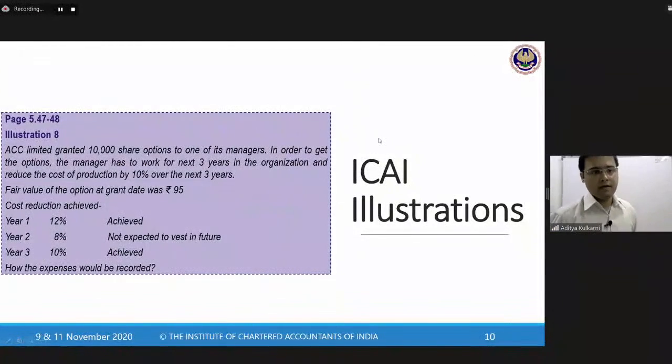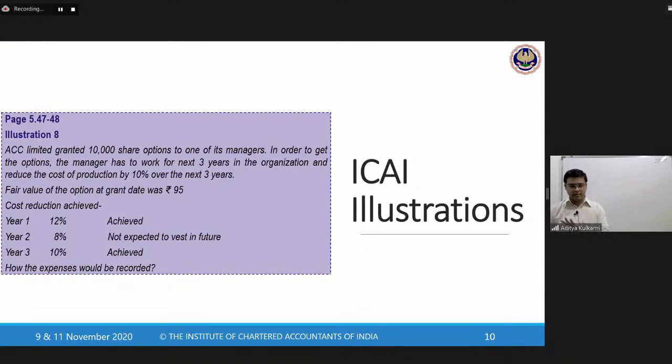This is illustration 8, again taken from your study module. ACC Limited granted 10,000 share options to one of its managers. So only one employee is getting the options, 10,000 options. In order to get the options, the manager has to work for the next 3 years.